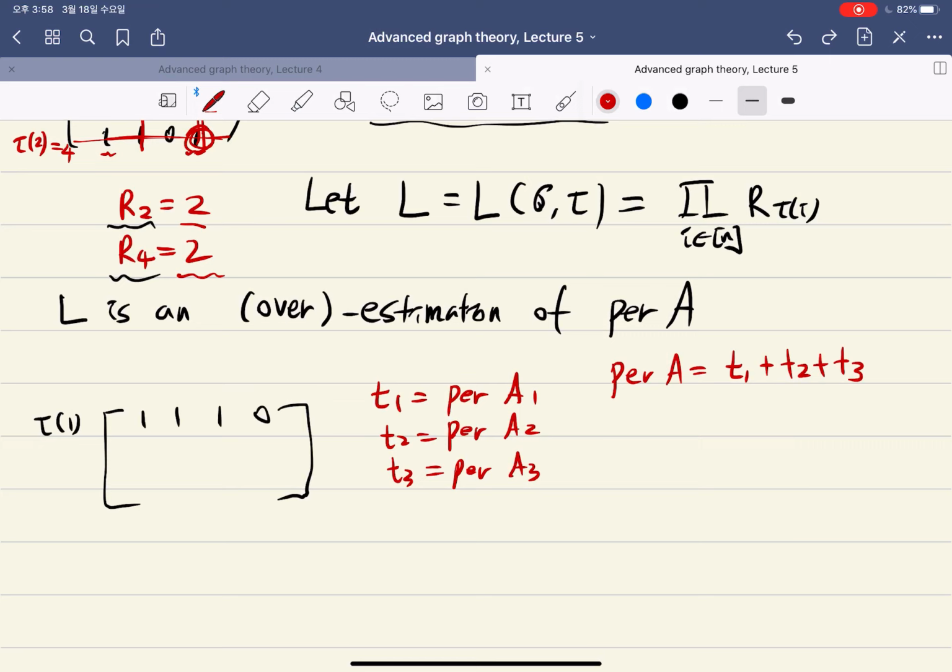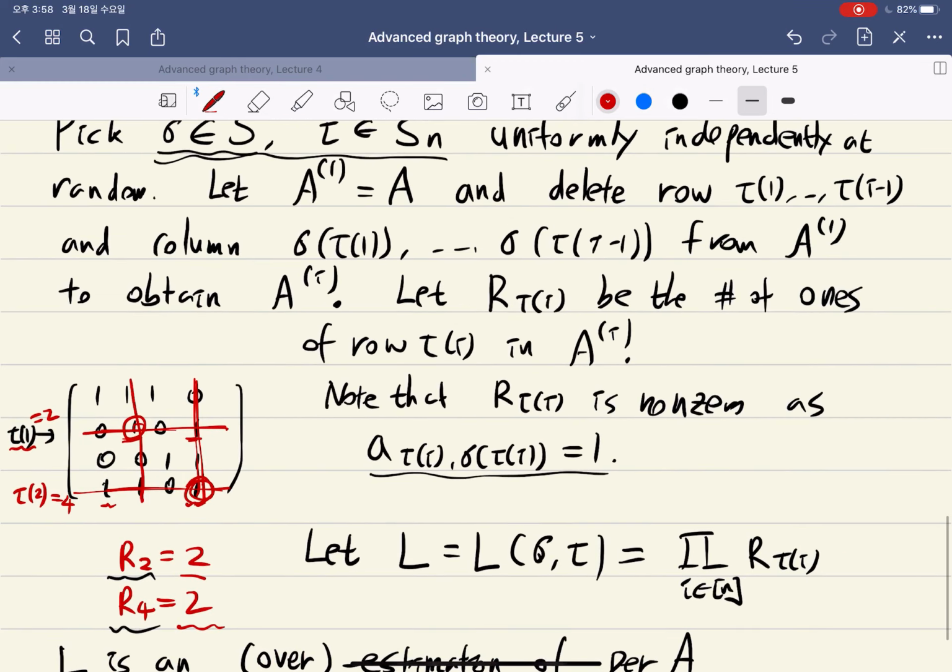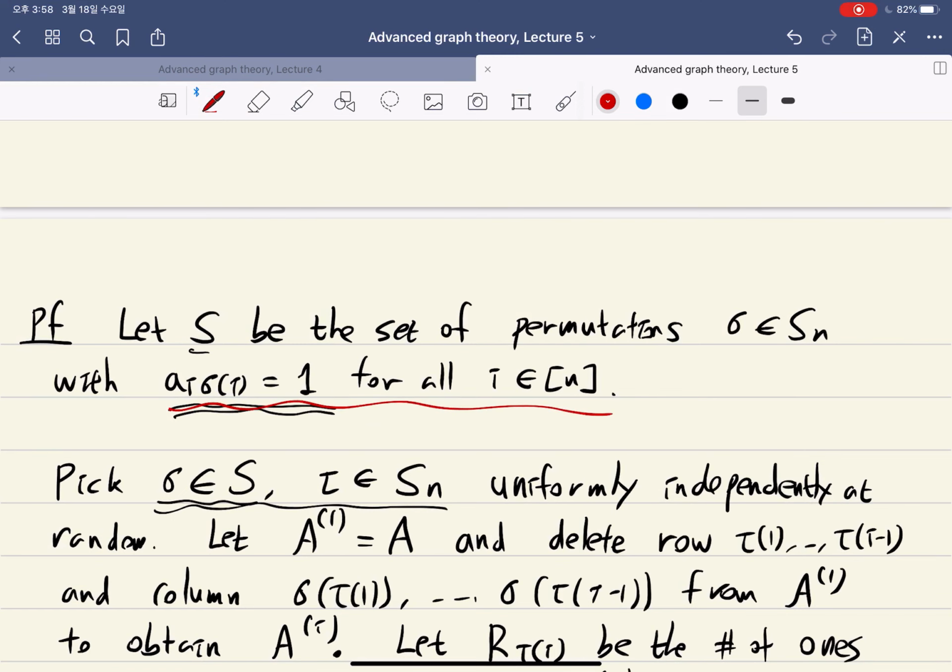And sigma tau 1 could be either 1 or 2 or 3. It's never 4 because of this condition.